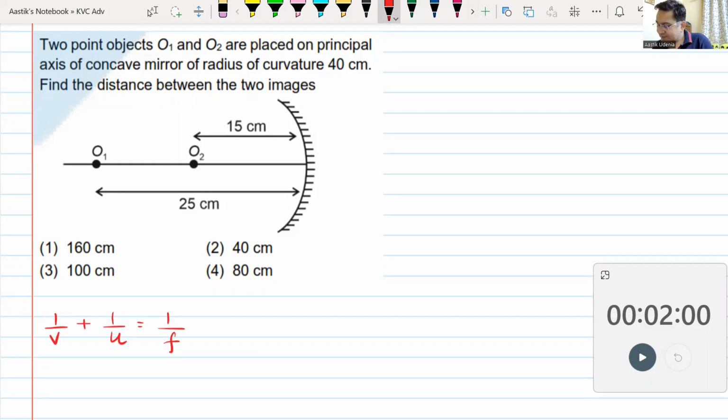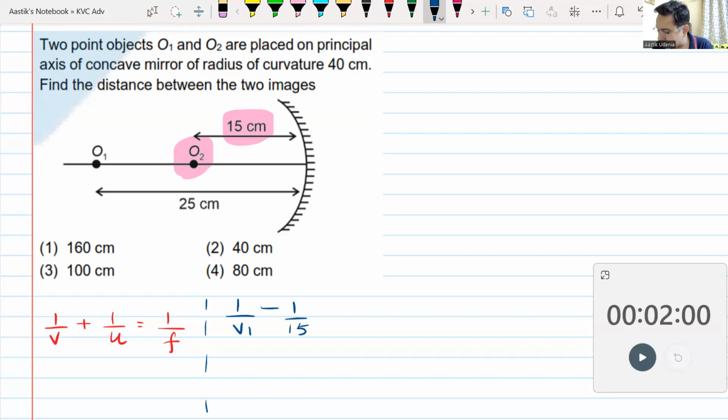In the first case, if I call this pink one as the first case, your U was 15. So I can say 1 by V1, and it is not 15, it is minus 15 because of the sign convention, yes or no?